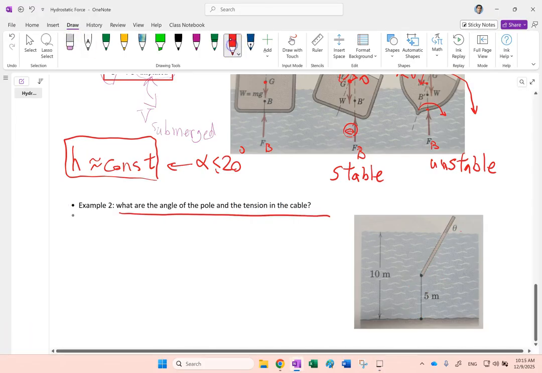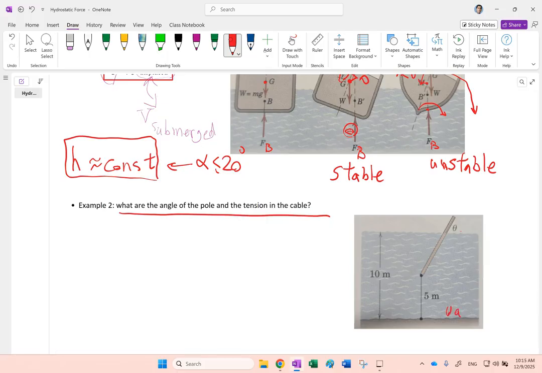Okay, first of all, this is water again, so we have the density of it.